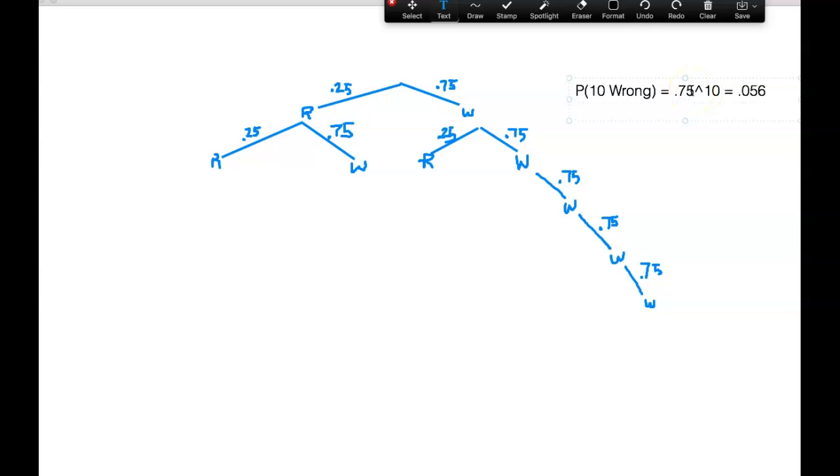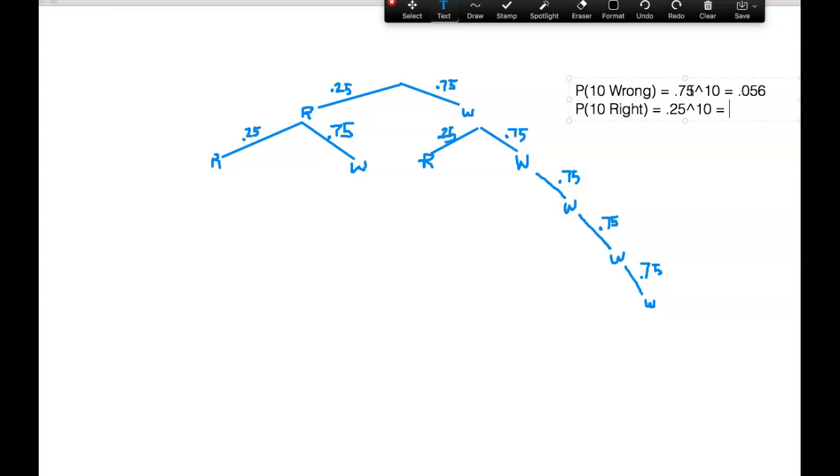So I just mentioned, find the probability of getting 10 of them right. That equals 0.25 raised to the 10th power, which is 9.536 e negative 7.